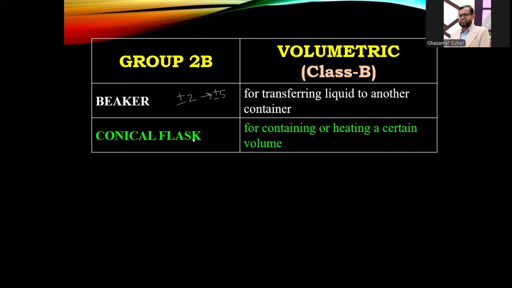And similarly for the conical flask, it is also plus minus 2 or plus minus 5. That is a very large difference, so we cannot use these for measurement. That's why some authors write beaker and conical flask as non-volumetric.